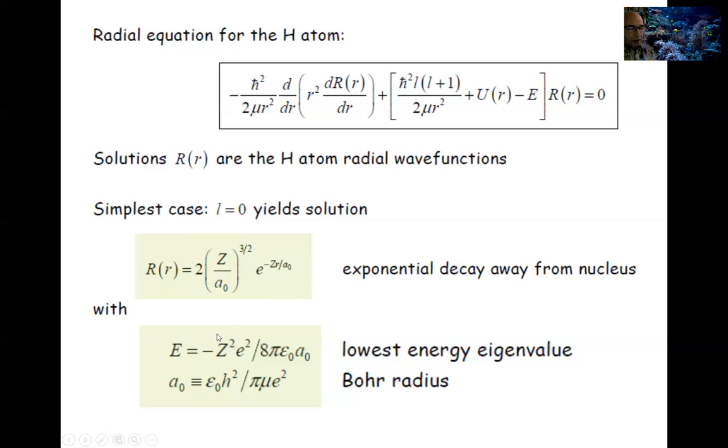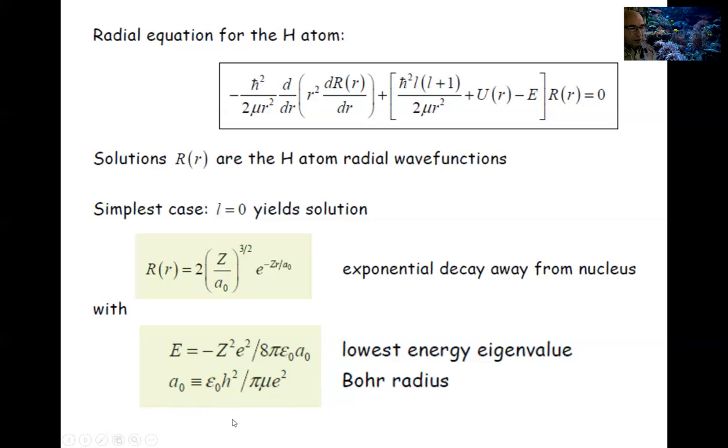The eigenvalue for this equation for the lowest energy state can also be written in the form of a combination of fundamental constants: the charge of the electron and the electric permittivity of vacuum, and again, this famous a naught. a naught is called the Bohr radius, and in some cases it is viewed as the radius of the orbit of the ground state of the electron in the hydrogen atom.